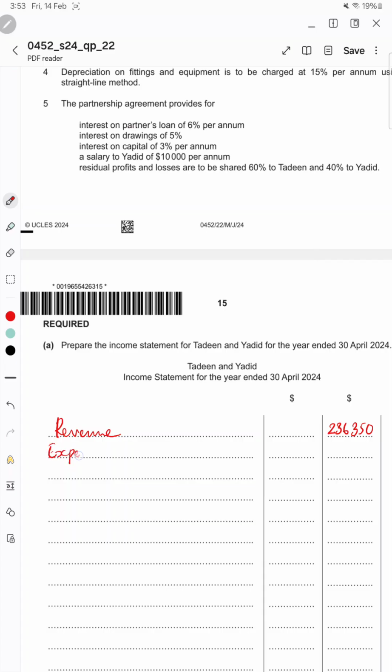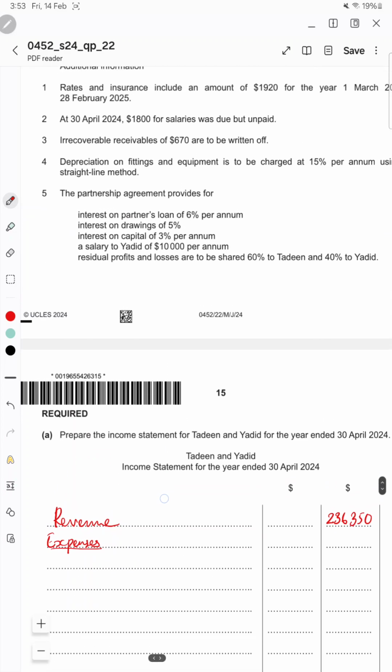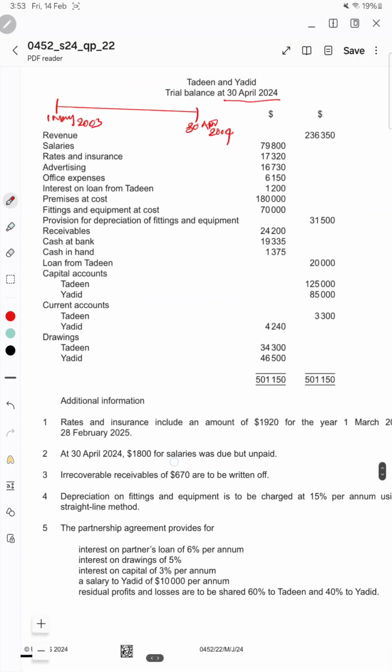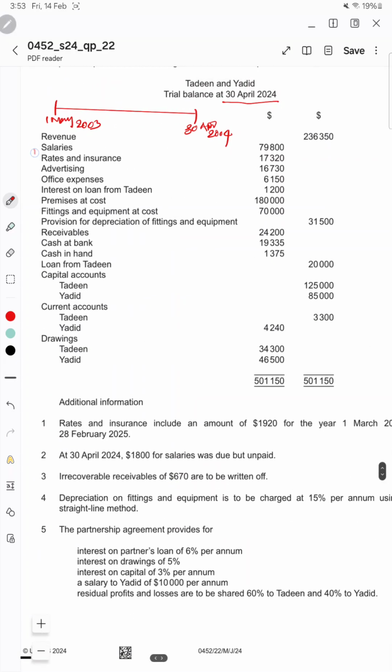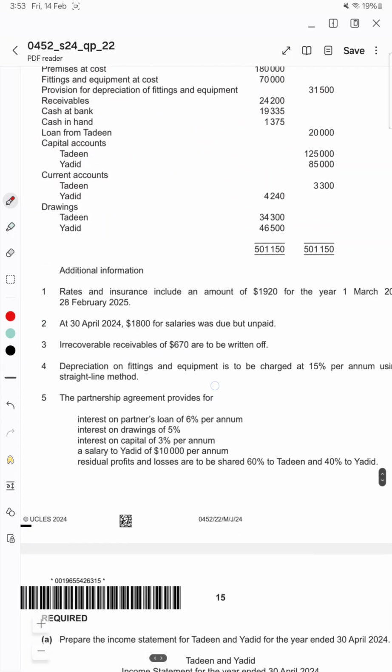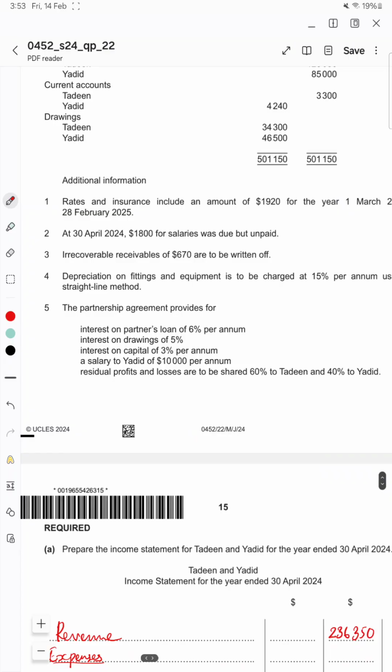I'm first taking salaries, the first expense. Salaries are 79,800, but we have an adjustment here: 1,800 salaries due at 30th April.